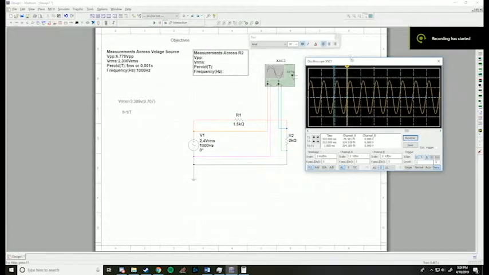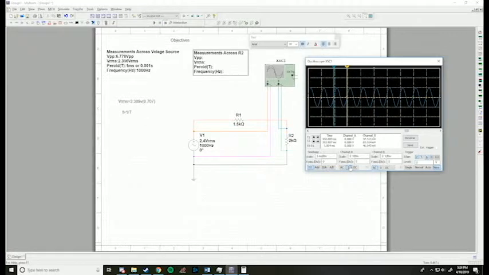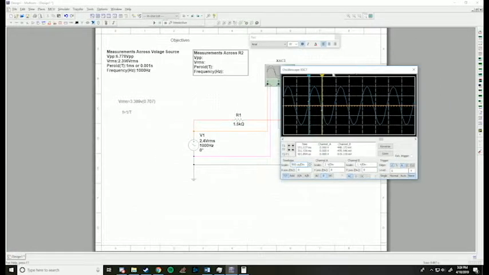All right, now to move on to our second channel, or B, across resistor R2. Now to do this, we're going to bring this back. We're going to zero out channel 1 just so we don't see it. And to make this a little easier to see, we're going to lower the division a bit. All right, that's a little better.